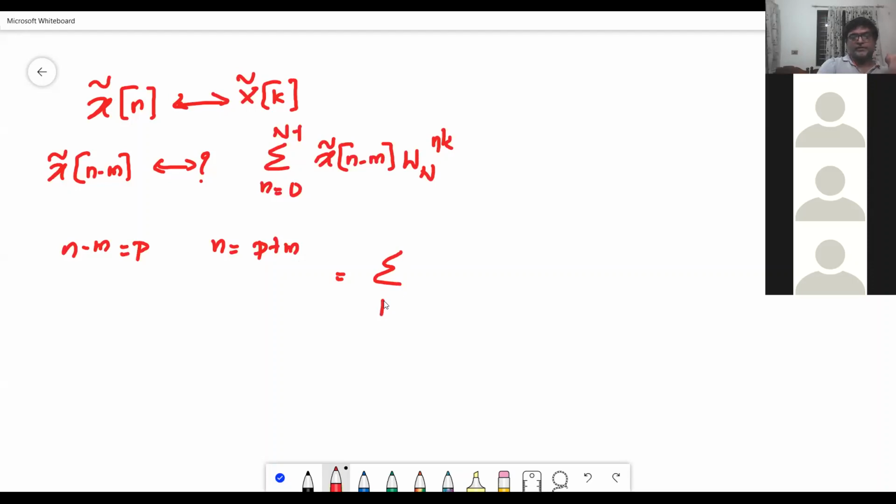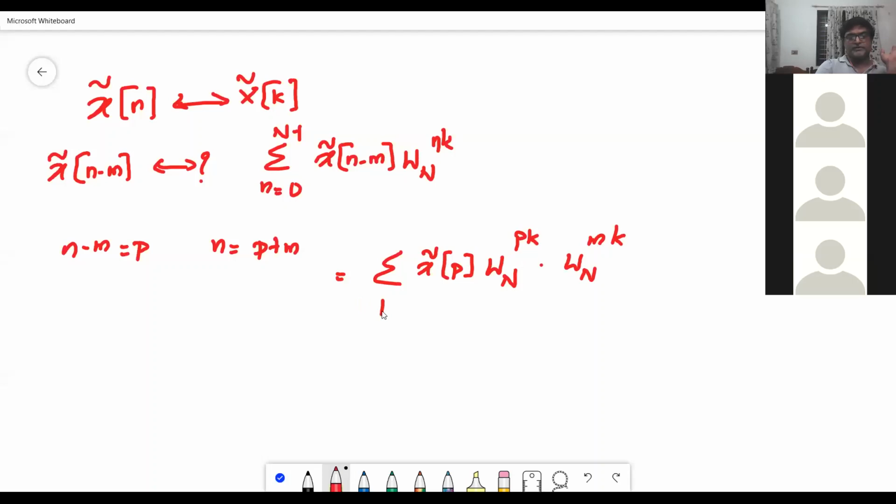But the summation is over p. So this will be x tilde of p into W_N raised to pk, into W_N raised to mk. So here m is my constant. m is the amount by which I have shifted the sequence. So p is my new variable.